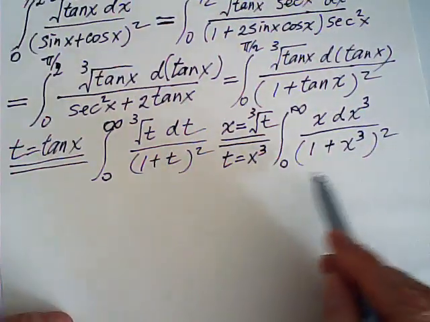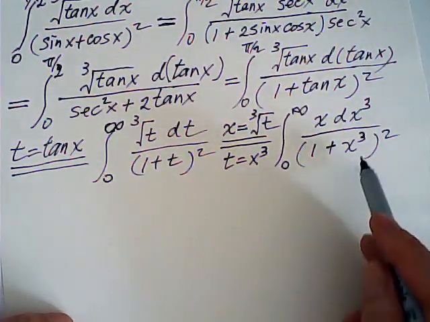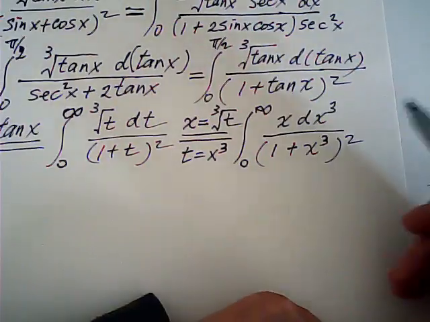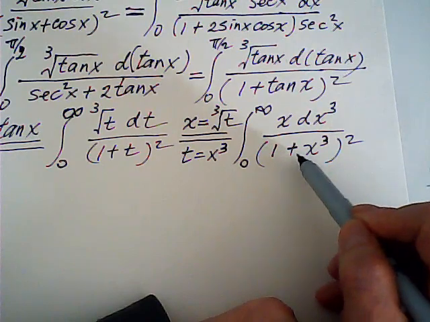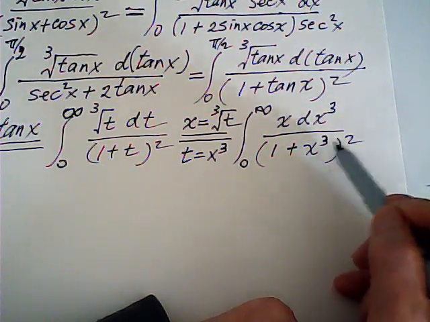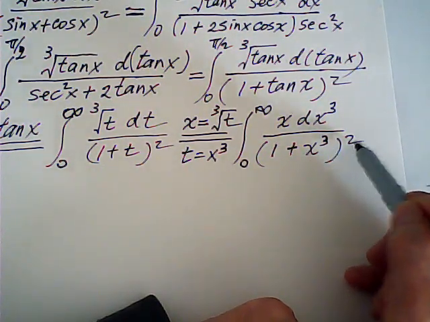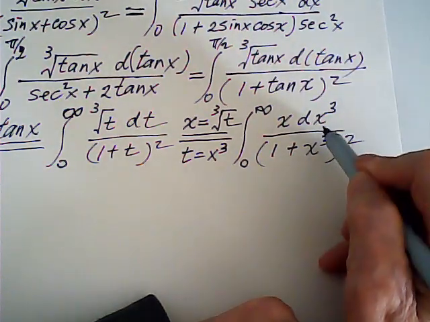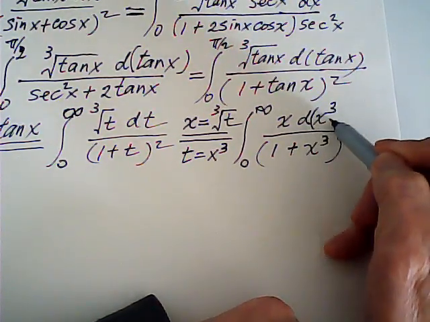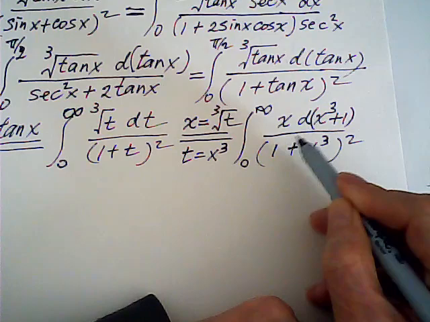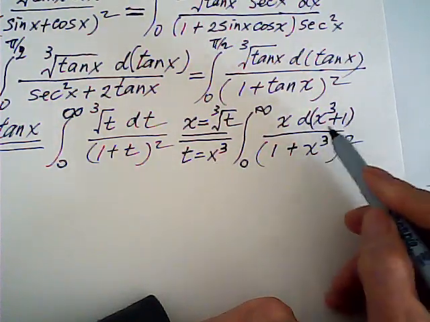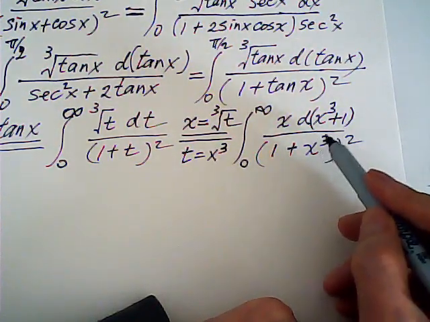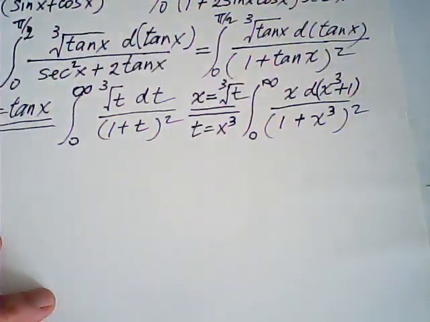Now, what am I doing from here? Now look, this is 1 plus x cubed, squared. So I can write x cubed plus 1. There's no difference, right? d x cubed is the same thing as d of x cubed plus 1.